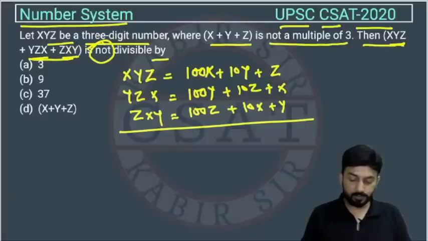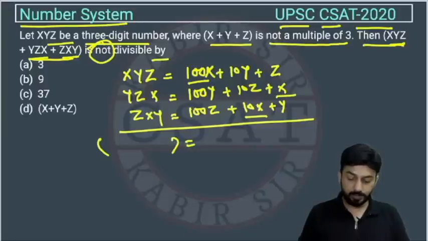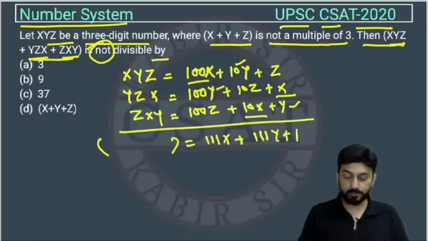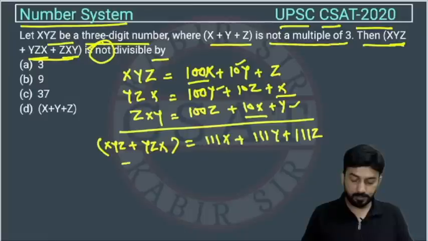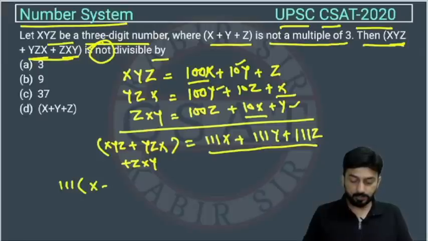So we will get this value: this will be 100x, and here we have x and here we have 10x, so how many x in total, 111x plus y: 10y, 100y and 1y here, so this will also be 111y, and similarly 111z, right? So this is xyz plus yzx plus zxy, so its value came out this much, right? So 111 we can take common, so this will be x plus y plus z, right?